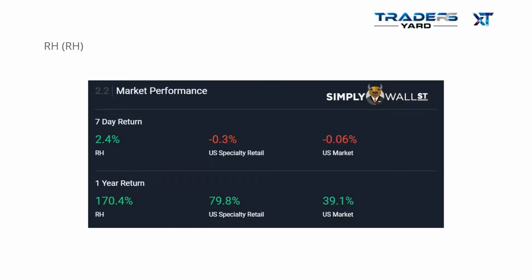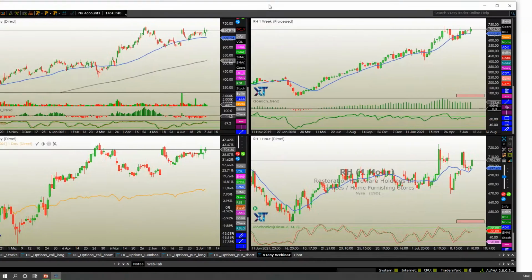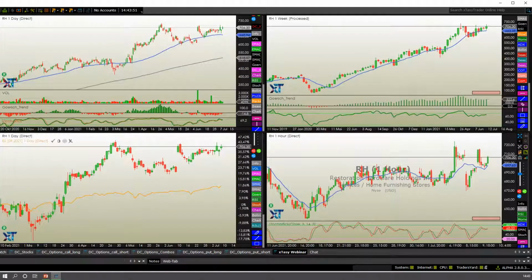And RH is even a lot better than this good sector. They made 170% performance over the last year. And you can take a look at the 2-year, 3-year, 4-year, 5-year performance. RH was doing a lot better than the overall market. And my guess would be that they're just going to continue this. So with this said, let's take a look at the charts.